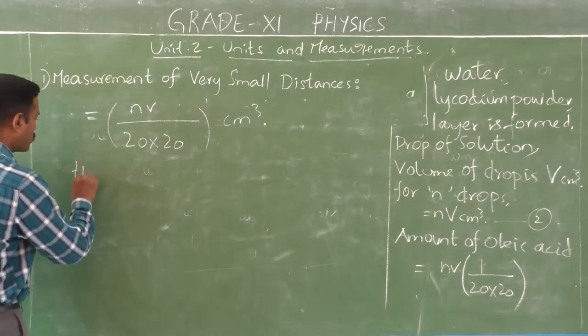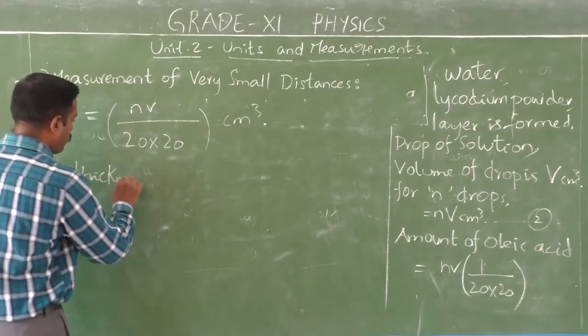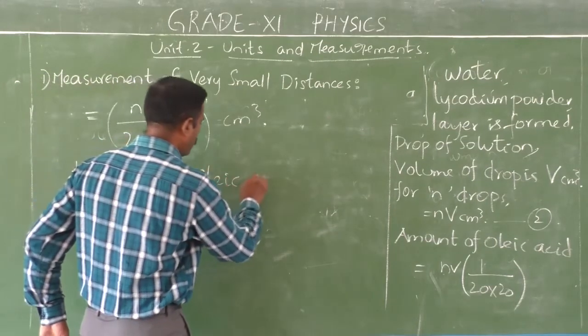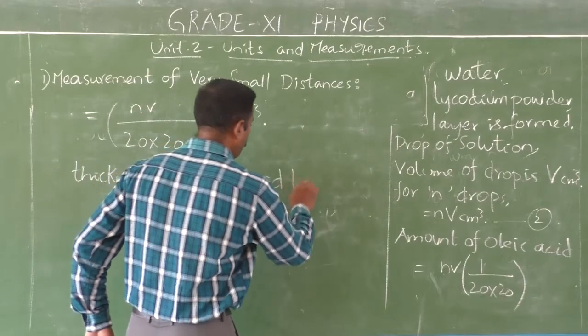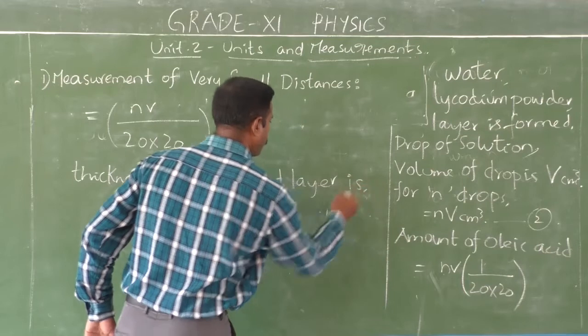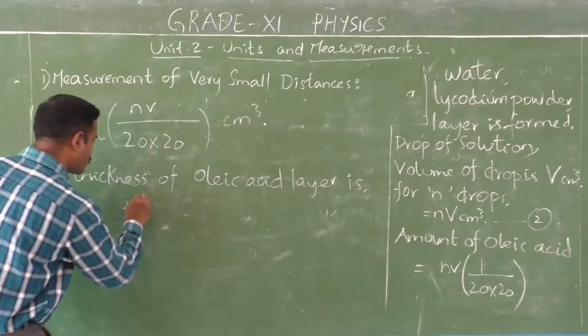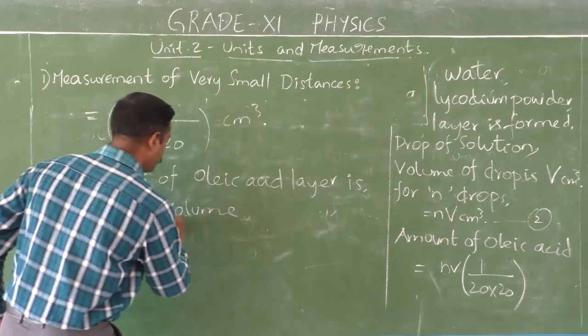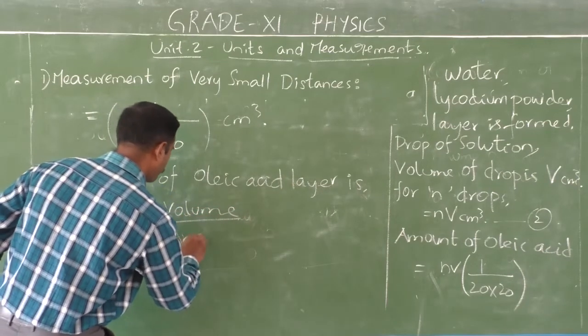So the thickness of folic acid layer is thickness T equal to volume by area.